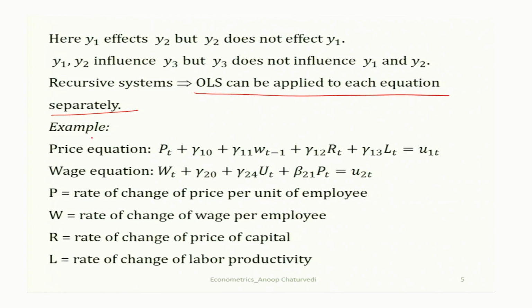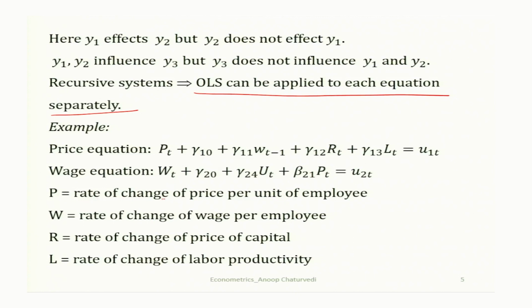Another example of a recursive system of equations is, say, you have the price equation P t plus gamma 1 0 plus gamma 1 1 W t minus 1 plus gamma 1 2 R t plus gamma 1 3 L t equal to U 1 t. And then you have the wage equation W t plus gamma 2 0 plus gamma 2 4 U t plus beta 2 1 P t equal to U 2 t.